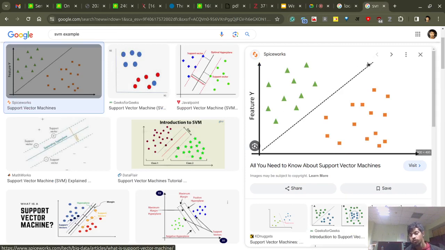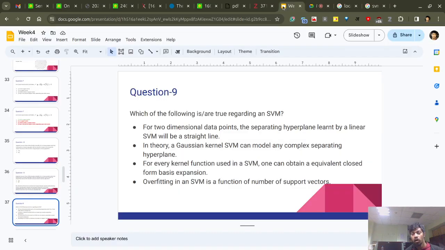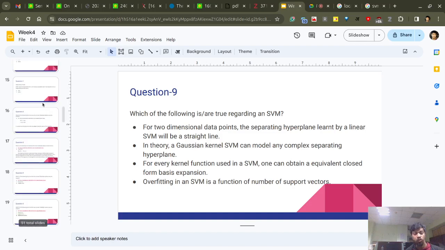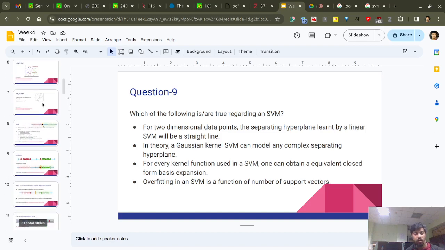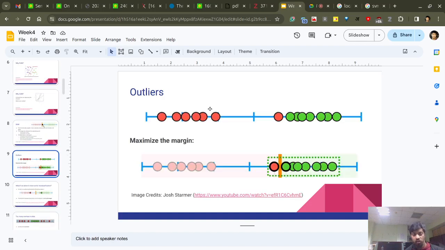Whatever you remember, say suppose there is an n-dimensional input, then the hyperplane will be n minus 1 dimensional. In the example I have shown here, this is 1 dimensional, so the hyperplane is 0 dimensional, just a point.